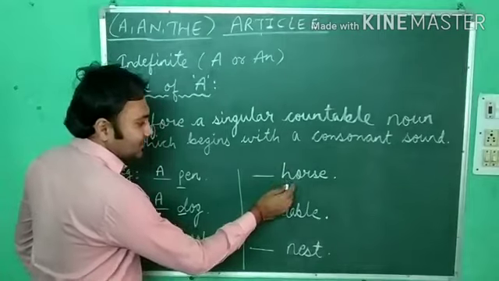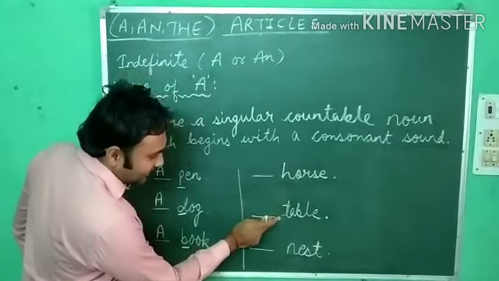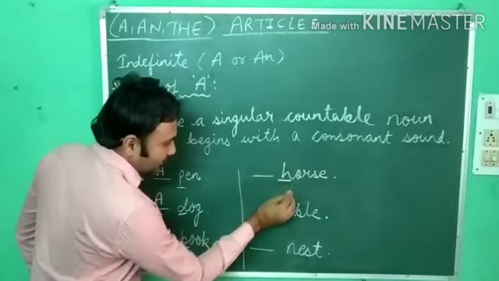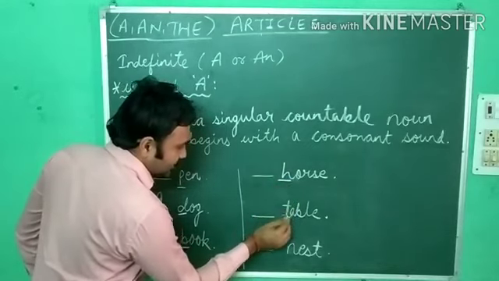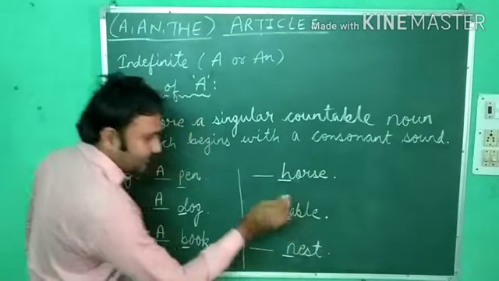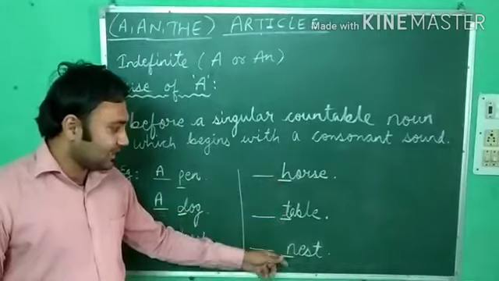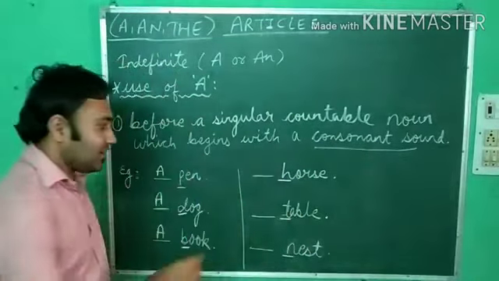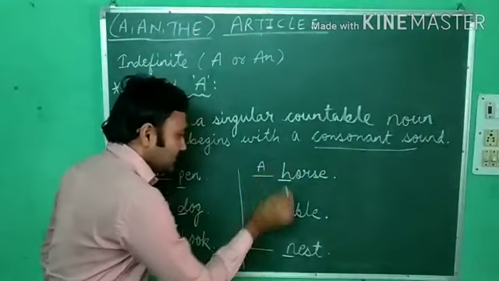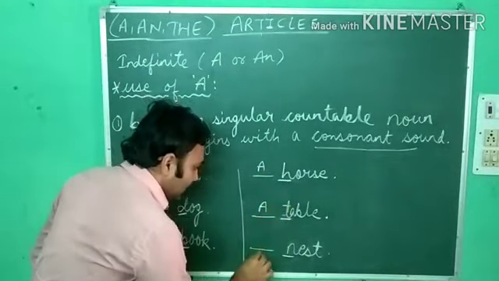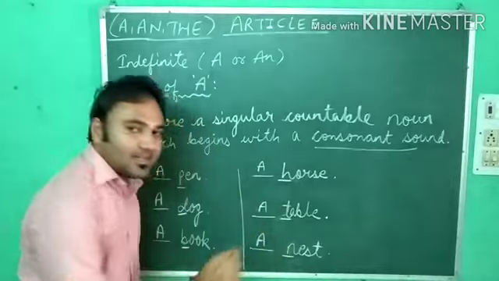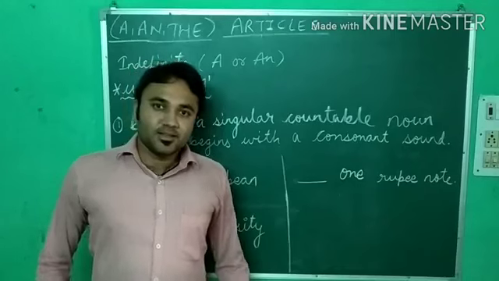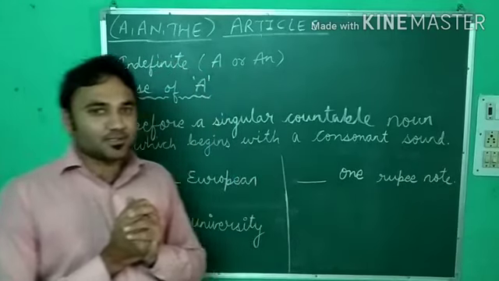These three words are starting with consonants H, T and N, and these three letters are giving us a consonant sound. Hence we will write a horse, a table and a nest. Let's see some more examples.